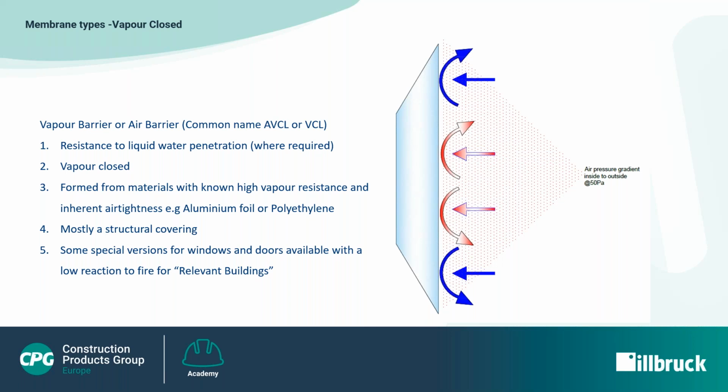Now, the difference between the two demonstrates the difference between a vapour control barrier and a typical breather membrane. Illbruck offers a complete proprietary vapour barrier membrane system, Illbruck ME003.